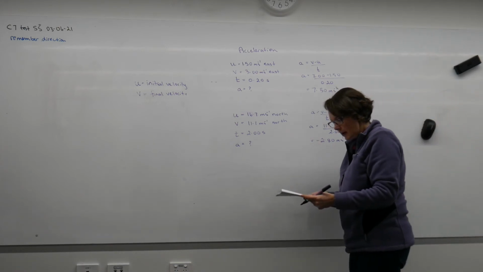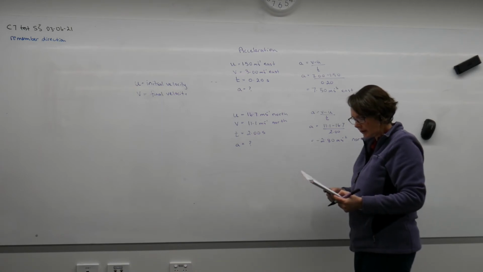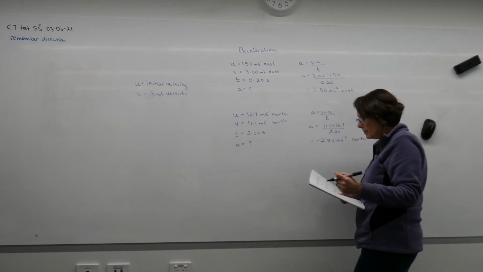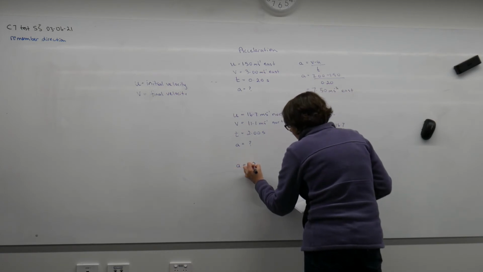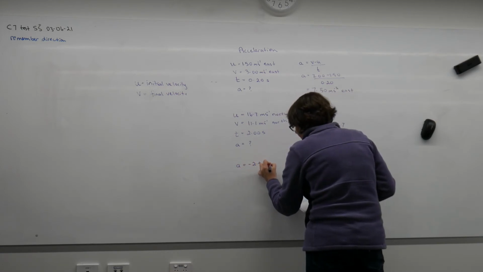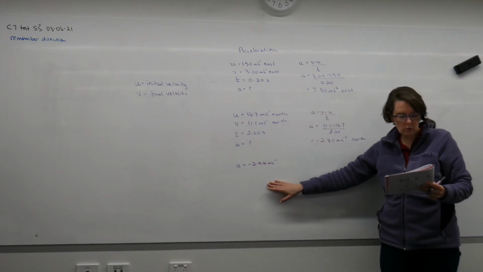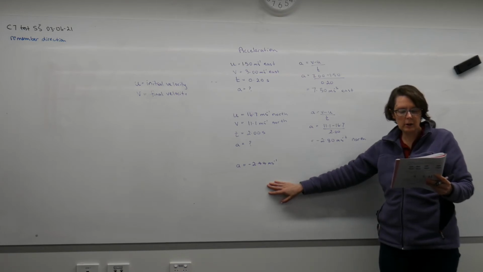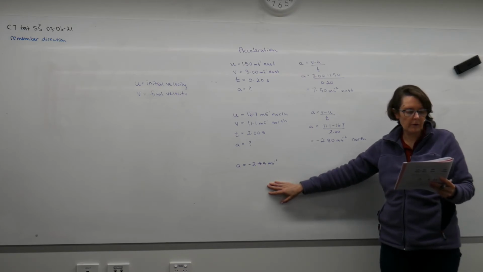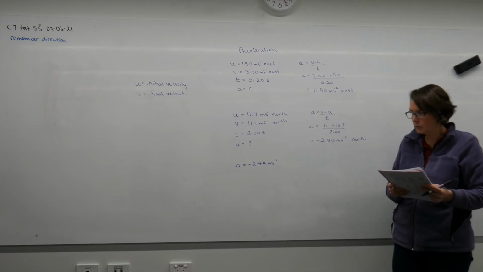And then our worked example 10, a horse running in a race decelerates at 2.44 metres per second squared. So this time our acceleration is a negative value, 2.44 metres per second squared, at the finish line of a race, slowing to a velocity of 5.55 metres per second forward in 4 seconds.